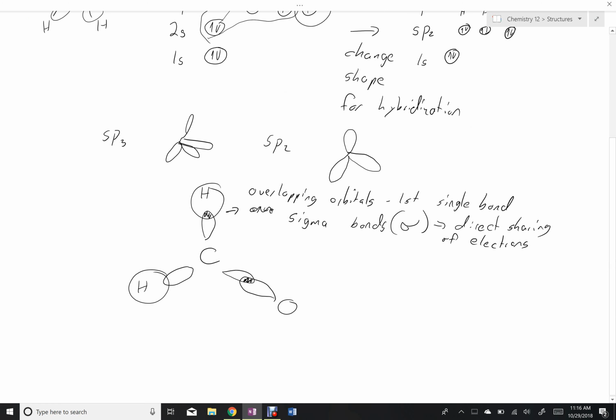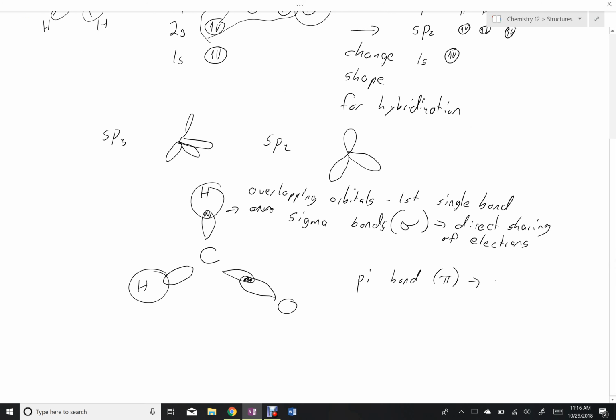To form double or triple bonds, we need to use a secondary type of bond called a pi bond. Because there's no more space available directly in between the two atoms, they need to find another way to share these secondary electrons. The way they're going to do that is they're going to share them in another dimension. So if this entire molecule is existent in the plane, then this is going to be a little hard to imagine.